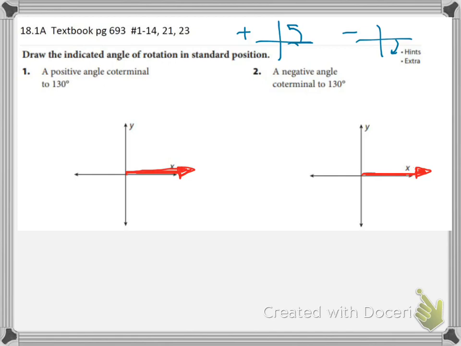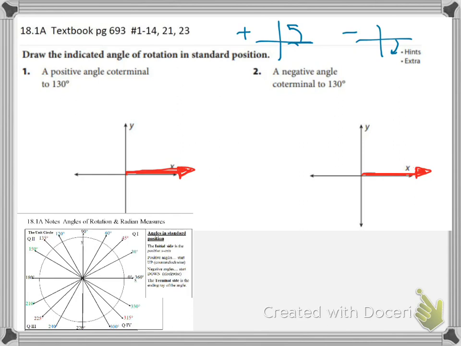These 2 problems ask me to find an angle that's coterminal to 130 degrees. That means I need to figure out where 130 degrees is, and I need to draw another one that's in the same place. Okay, I just squeezed a little circle with my degree measures in from the notes.